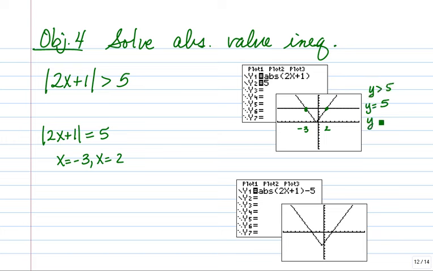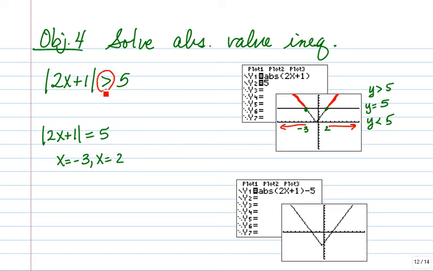If it's below that line, y is less than 5. Notice that on my graph, there are two regions where it is above, over here and here. And we've solved inequalities graphically before, right? So it would be greater than 5, where? To the right of 2 and to the left of negative 3.